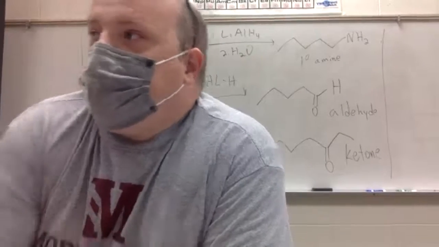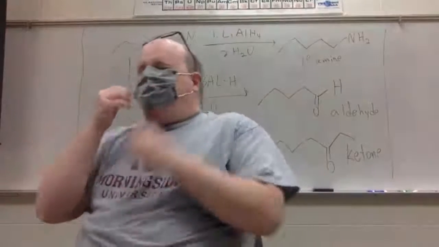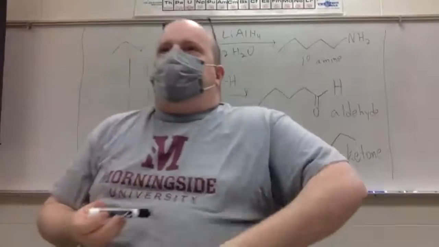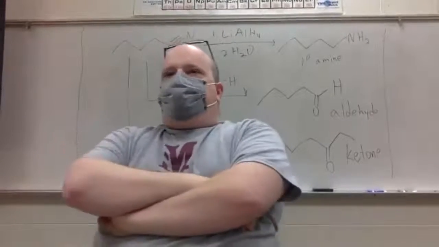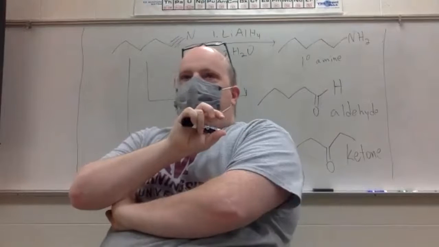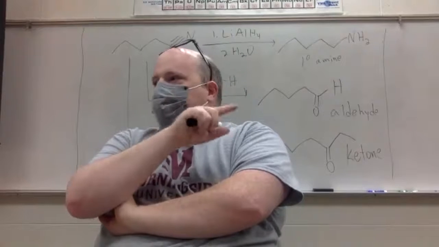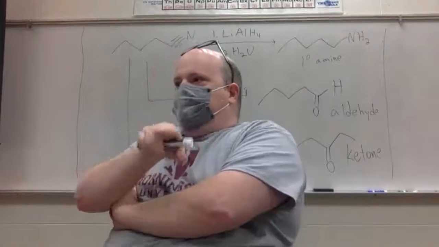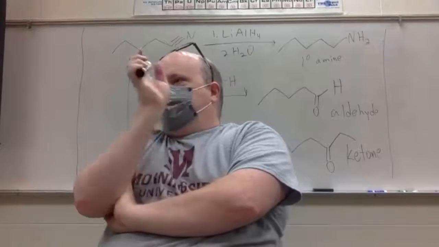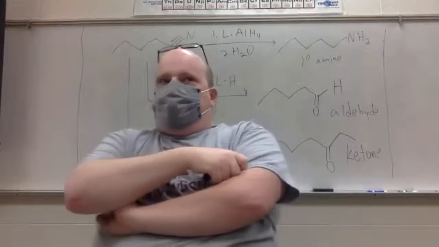How do they do mechanisms? Good question. Oh, I hit myself in the eye with my mouse. On mechanisms, they might have a mechanism with a missing fishhook arrow, and they might ask you which of these reagents should lose the pair of electrons or something like that.